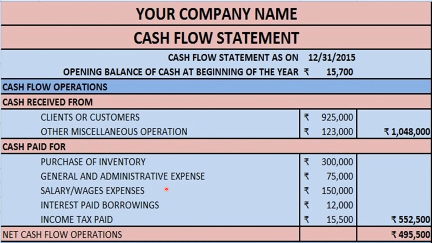General and administrative expense, ang ilang expenses, 75,000. Ang salary and wages expense, 150,000. Interest paid borrowings, 12,000. Income tax paid, amount tanan nga gingwaan sa ilang kwarta klaso. All the disbursements and payments, gingkwinta tanan, pila? 552,500.